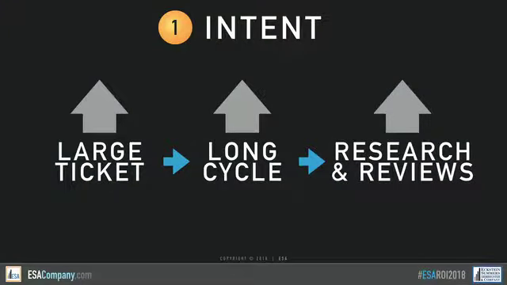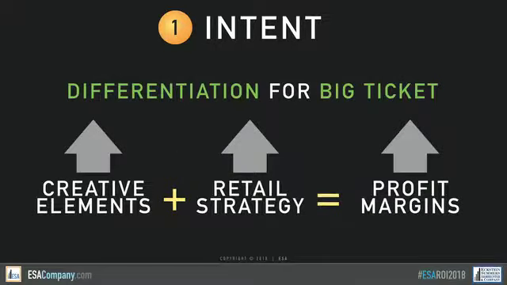When you think of large ticket purchases, it tends to be a longer cycle with more research and review involved. So again, with that fully integrated approach, have a deeper dialogue to help them understand what's possible and available. Your creative elements can substantially change the outcome and the margin.